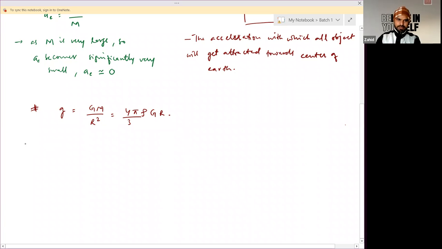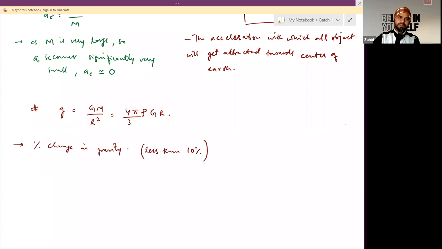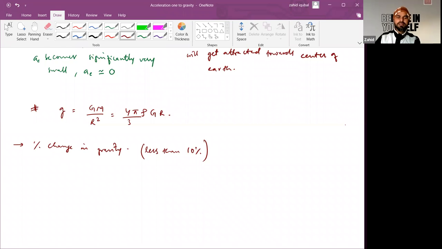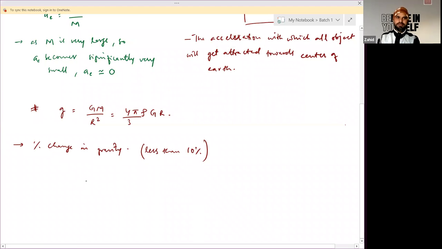You will be asked a question on percentage change in gravity related to mass and radius if it is less than 10%. For less than 10%, we just use the error concept. So we have g equals capital G M by r square.